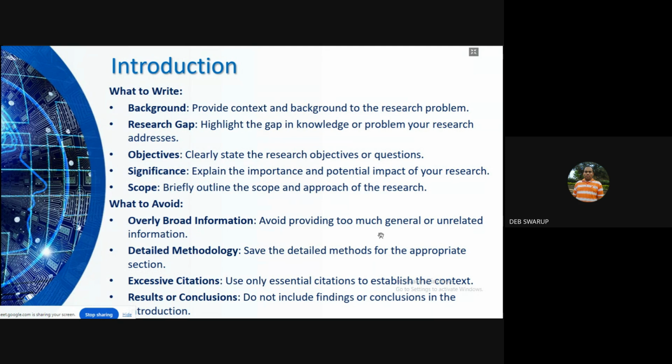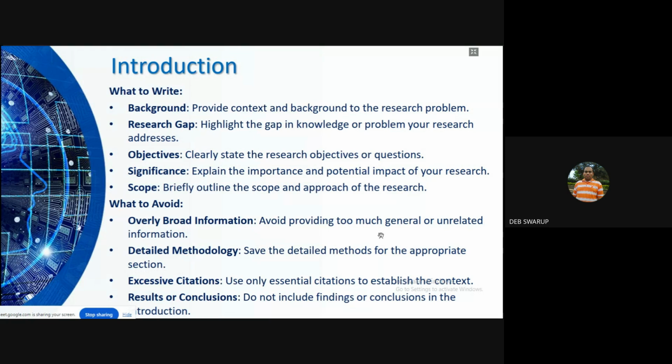Then there are excessive citations. This is something initial researchers tend to do. They cite 4 or 5 papers for one particular case, and in another case they cite only 1 or 2. So while citing, please divide your entire introduction into 5-6 stages.